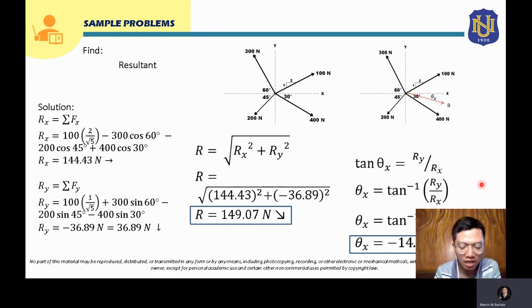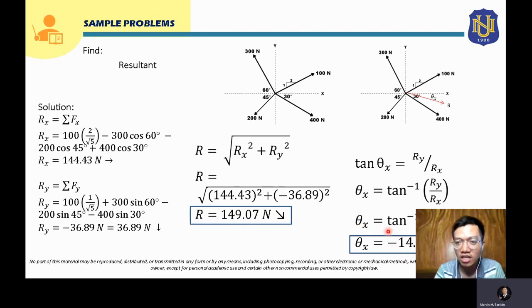So let's input that in your calculator. Again, that is arctangent of negative 36.89 over your Rx, which is 144.43 Newton. So the angle will be negative 14.32 degrees. So that will now be your theta x.